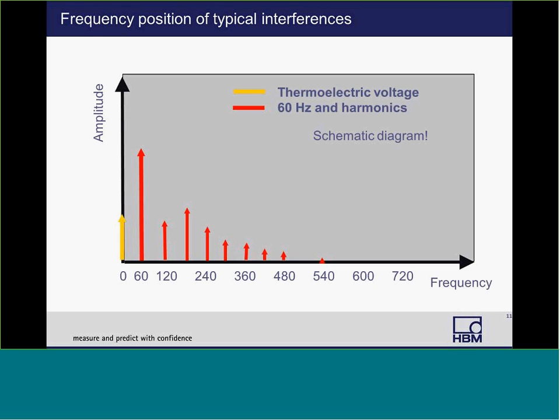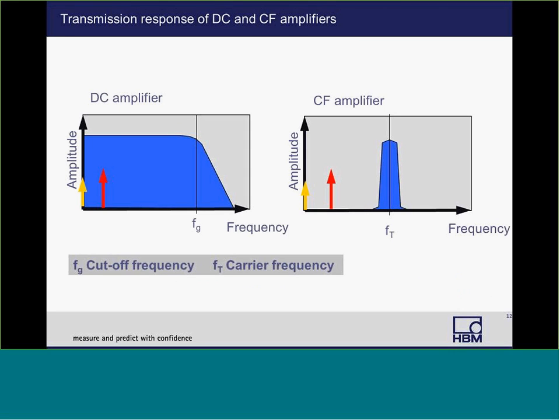You can see that from your lights, the power lines. But of course, you can also have the harmonics of that. And it will generally drop off as the frequency increases.